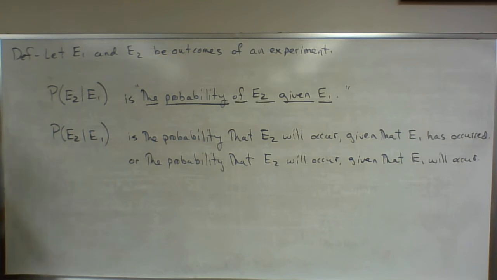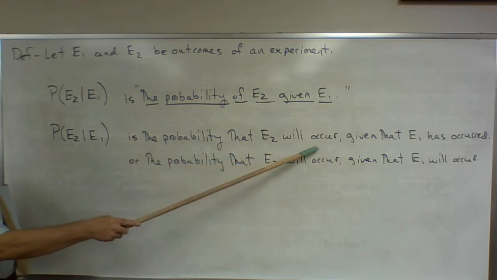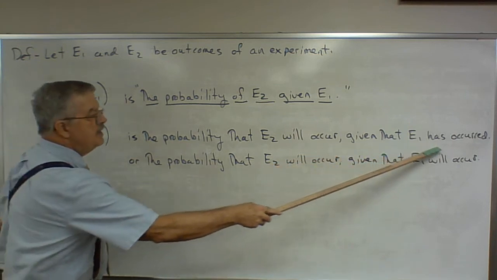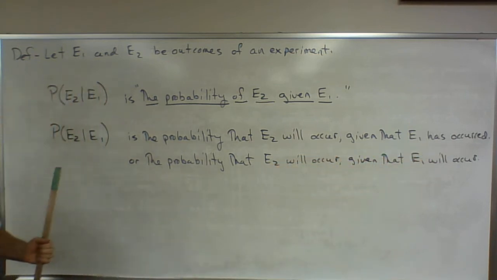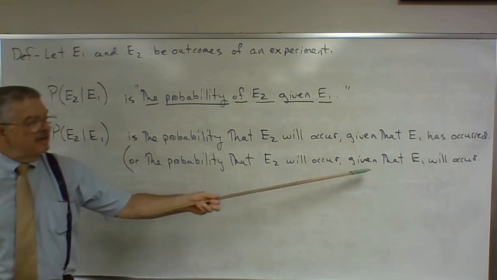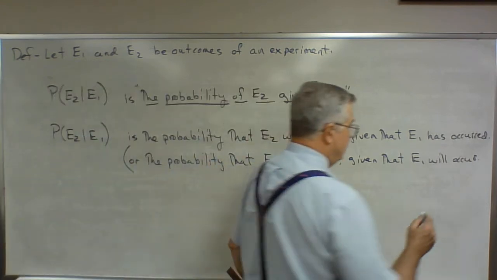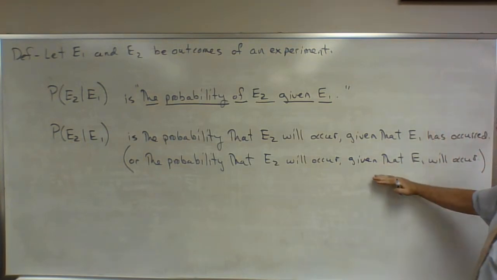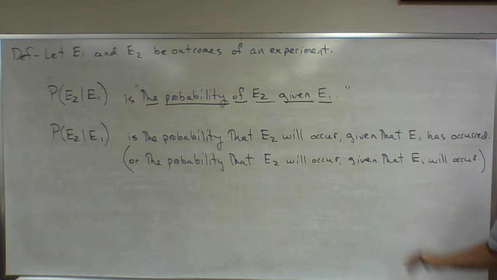Now, what does that mean? The probability of E2 given E1 is the probability that E2 will occur given that E1 has occurred. It can also mean the probability that E2 will occur given that E1 will occur. I don't think we're going to see this interpretation in our class.